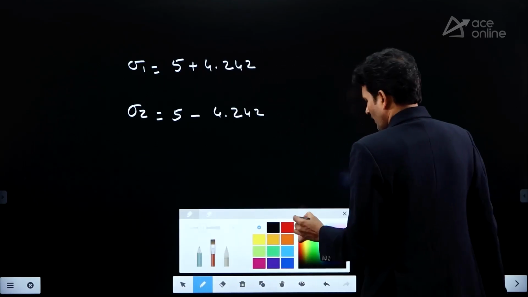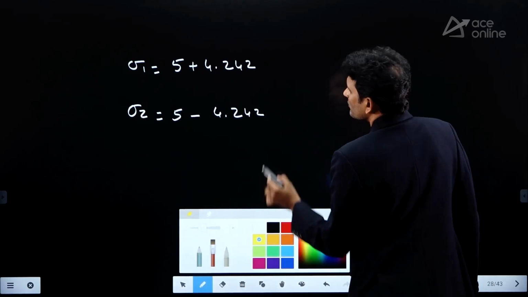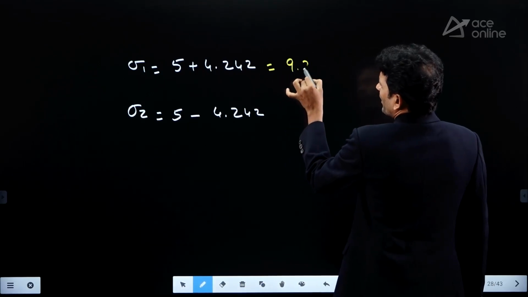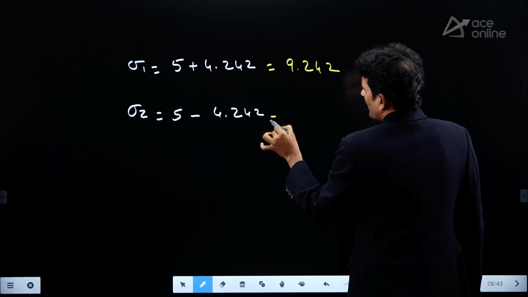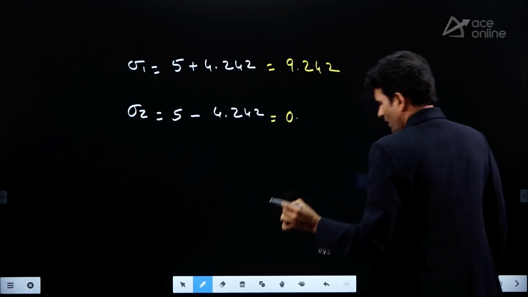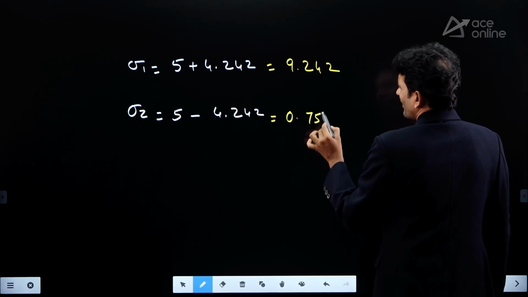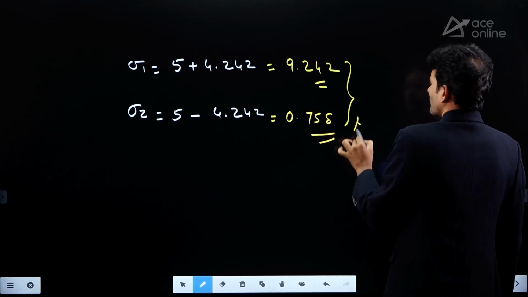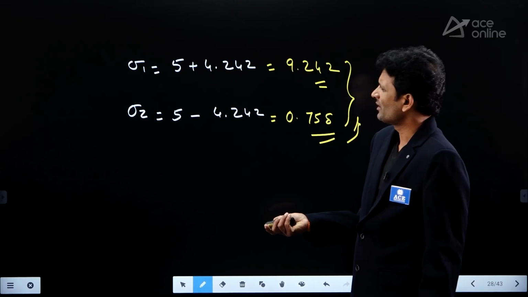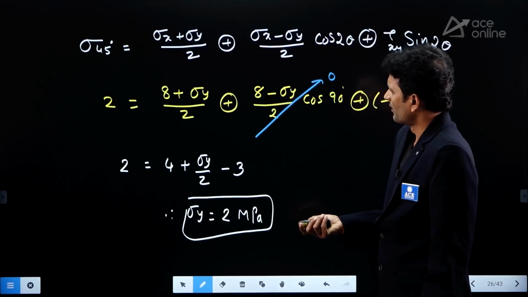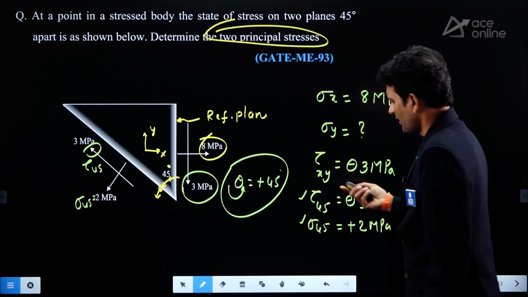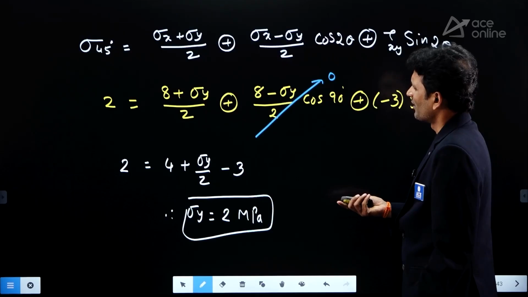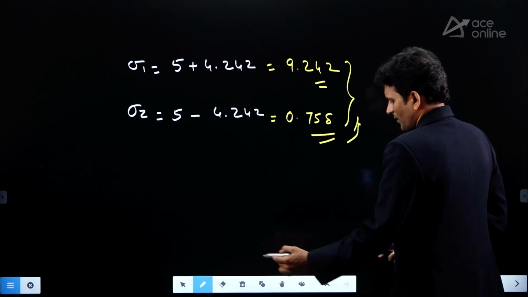So this is 9.242, and this is 0.75. These are the magnitudes of the principal stresses in this particular problem, right? This is an NAT type question. Hope you understand this question, right?